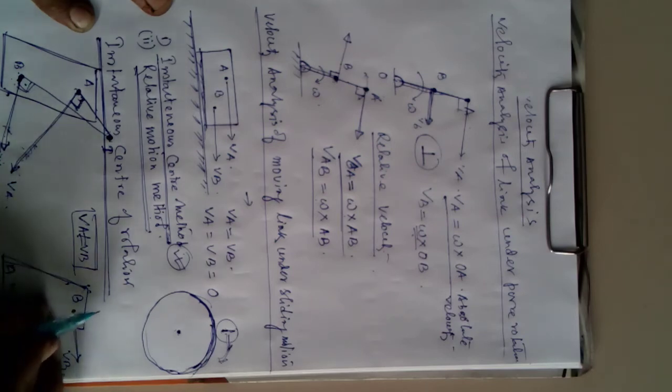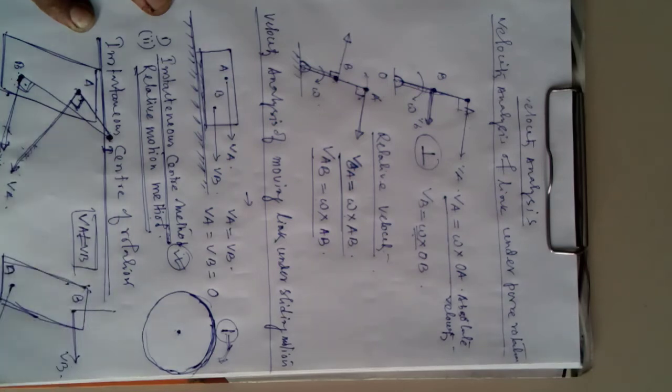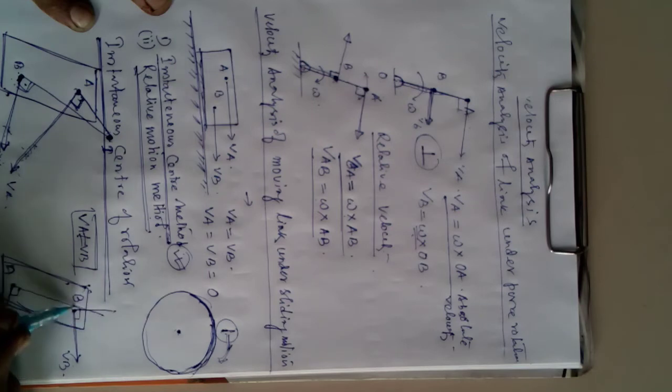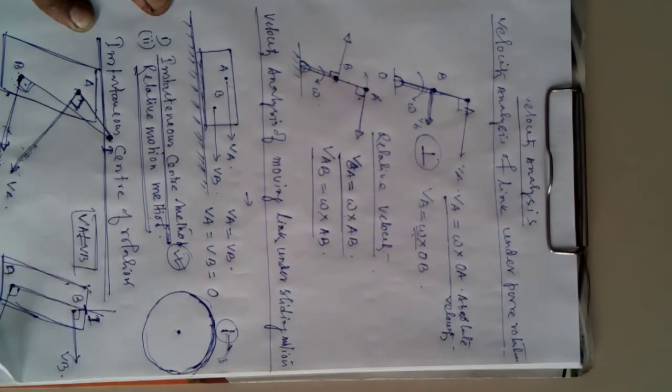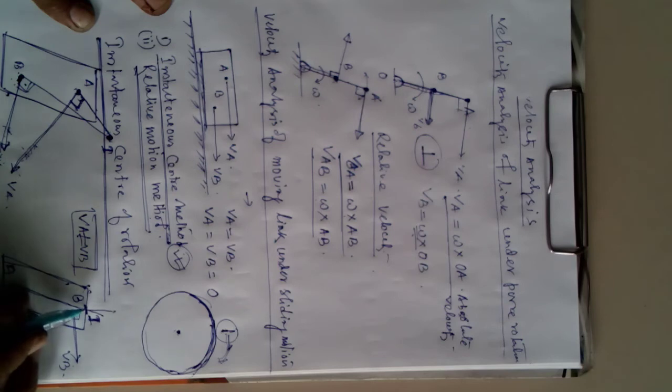You draw a line which is perpendicular to VB, and another line which is perpendicular to VA. So the two lines where they are intersecting, that particular point is called the instantaneous center.